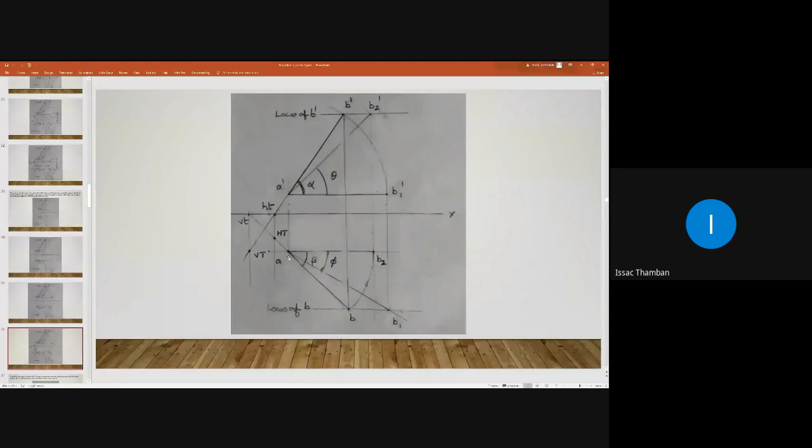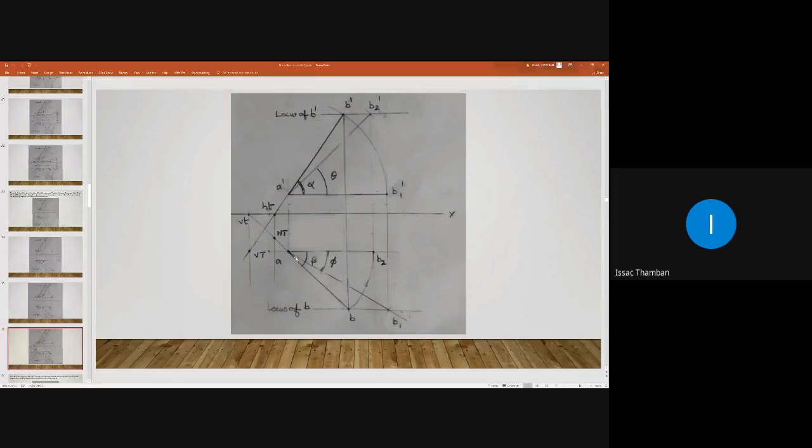You consider the plan. Here, the plan is line AB. This line is not AB1, but it is AB, the actual plan line. Extend the line representing the plan, here it is AB, to meet the XY line.